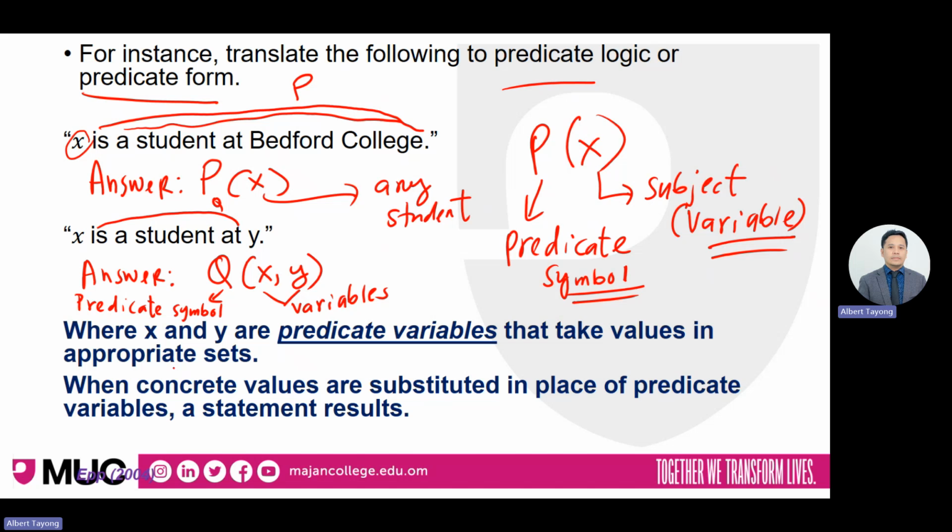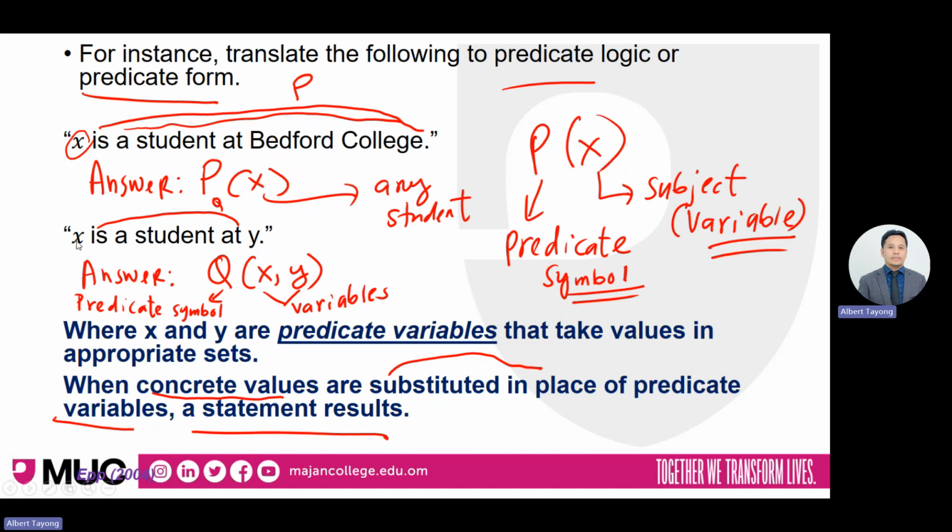So when we change our variables into specific values or concrete values, when we substitute in place of these variables, then we will have a statement. Okay, for example, here, if I'm going to change this X to James, it becomes a statement. Or Muhammad, for example, it becomes a statement.